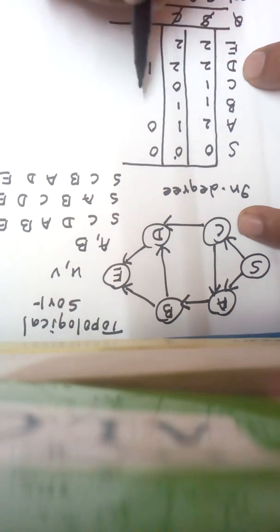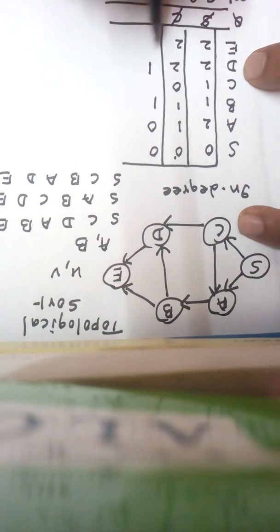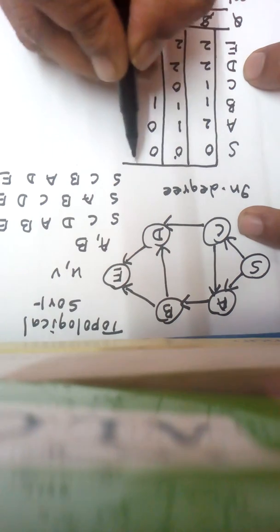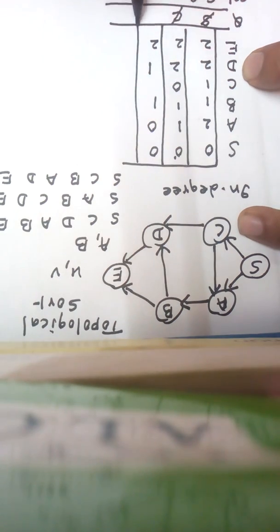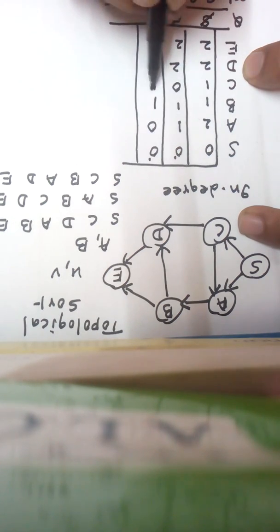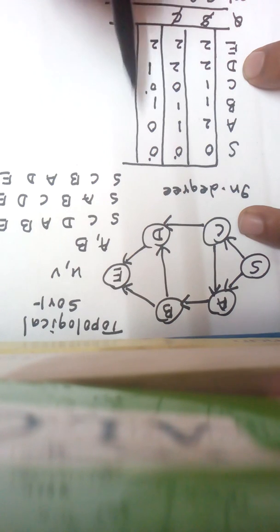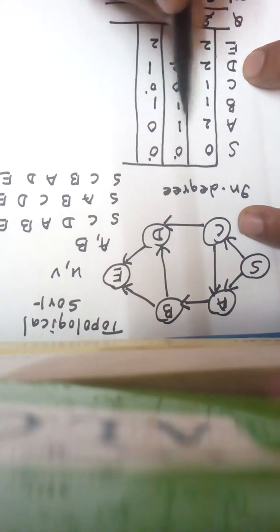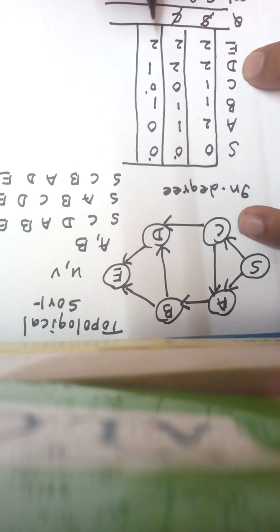So the other in degrees remain the same. Now at the end of this iteration, we are going to check if there are any new vertices with in degree 0. Yes, there is a vertex A. So A is NQ'd.